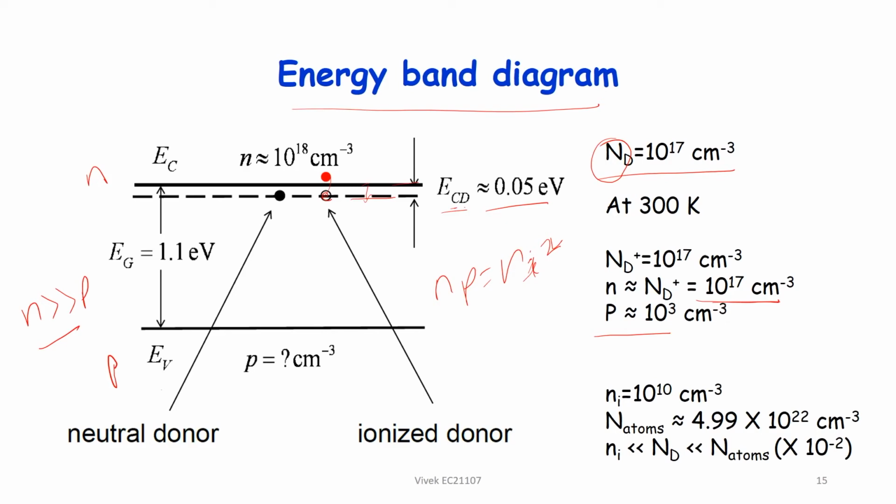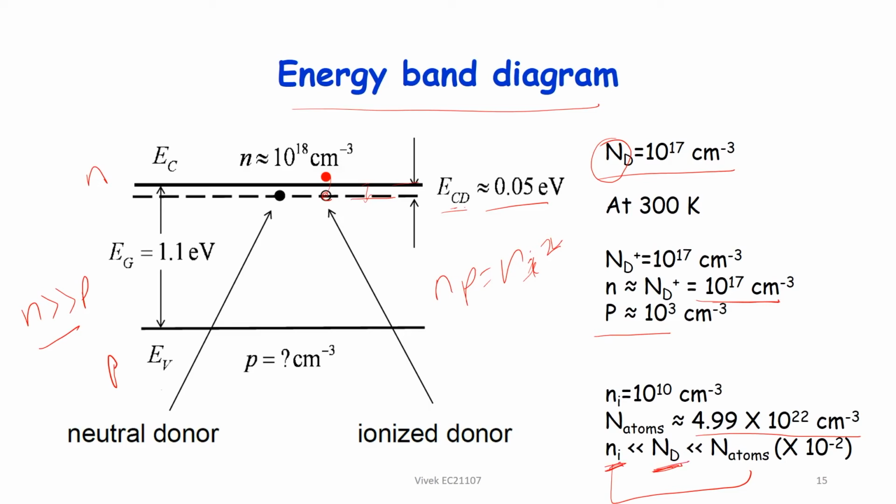So if you recall, the number of atoms per cubic centimeter in a silicon crystal is around 5 into 10 raised to power 22 per cubic centimeter, and the doping has to be between these two terms. If doping is less than Ni, it does not make any sense because the number of carriers that doping is giving is less than Ni.